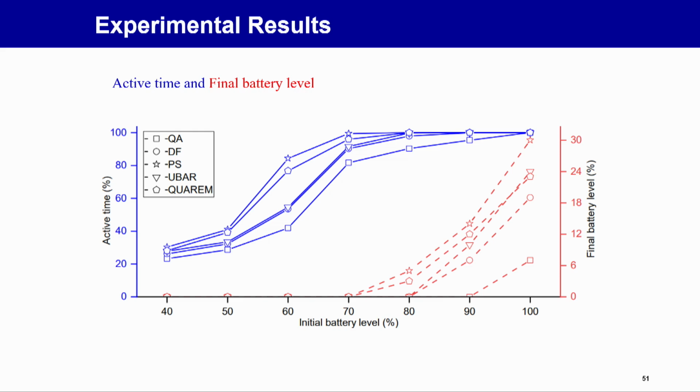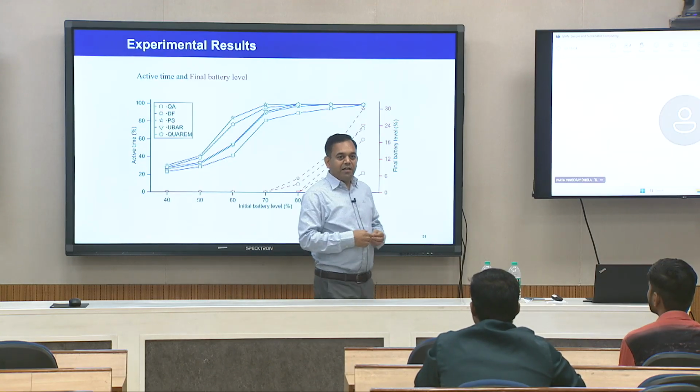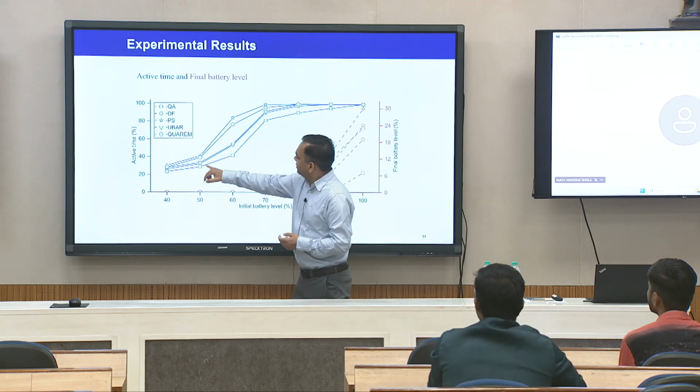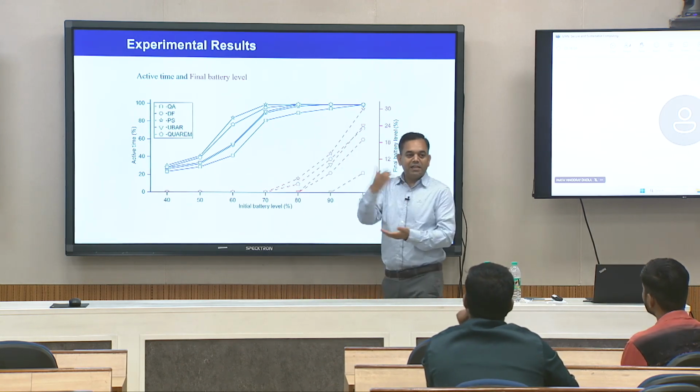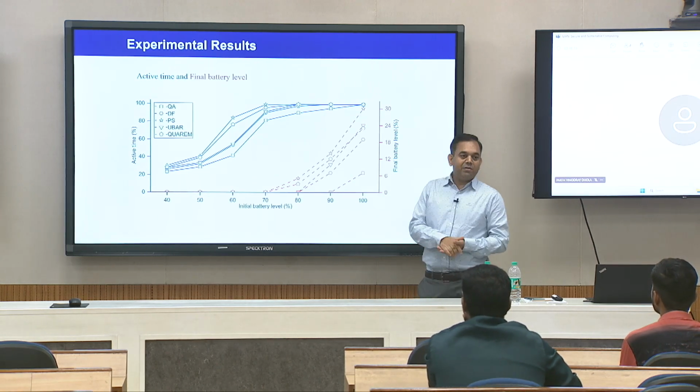And the same will happen with the final battery level left. But if you go the quite opposite way, an approach that cares only for performance, that will always run at the highest frequency. In that one you will see the active time will be the least, and again the final battery level will be quite low.